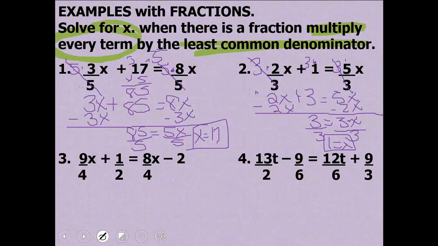All right. Number 3, I'm moving on to the next problem. We have different denominators. So we have to find the least common denominator, right? So I look to see if my smaller number goes evenly into my bigger number, and it does. So that means my bigger number is my common denominator. Okay, so I'm going to multiply each and everything by 4.